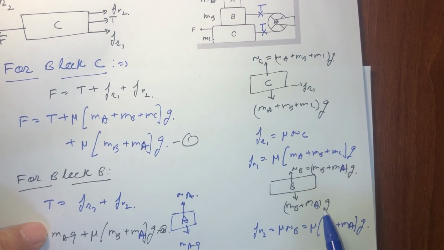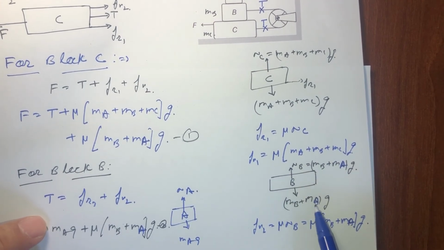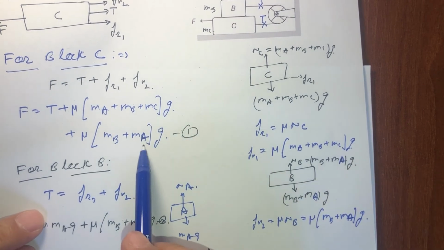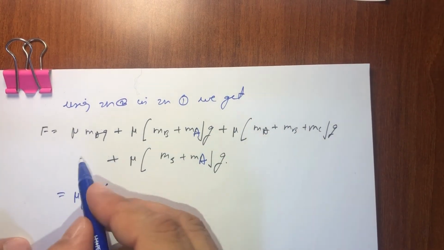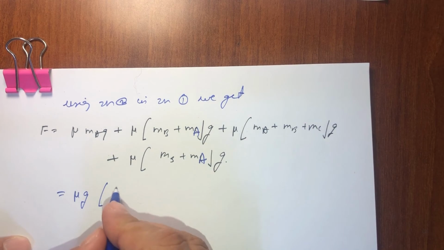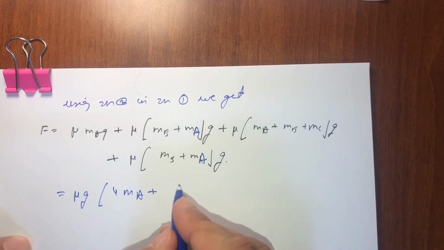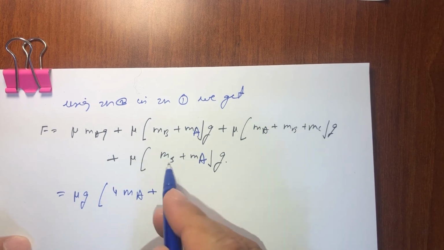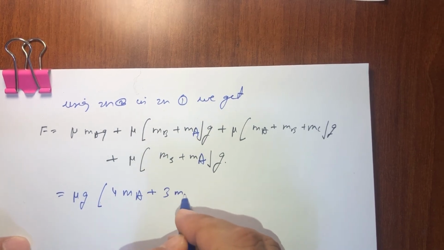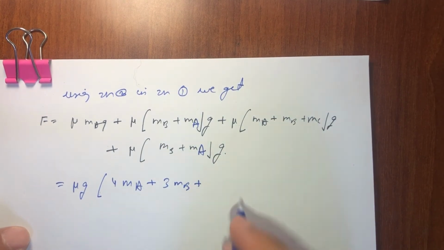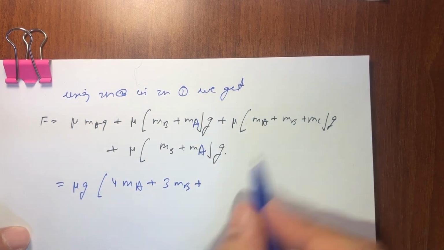It was written MC here, it is MA. So we count 1, 2, 3 and 4. So we get 4 times MA plus 3 times MB plus MC once.